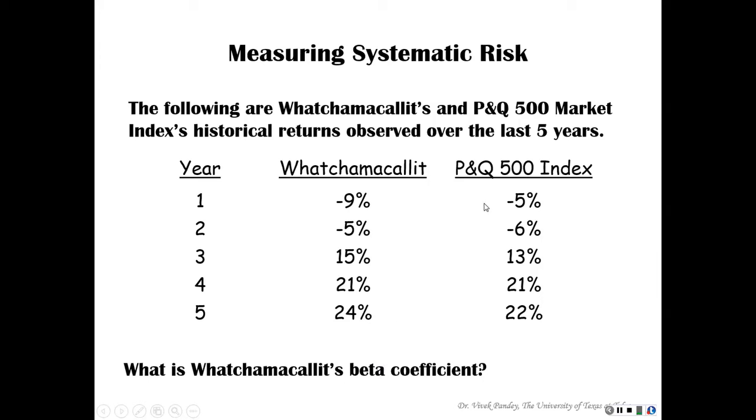So by definition, the market index will have a beta coefficient of 1. And anything greater than that is greater risk. Of course, less than that, it's less risk. But here we have 5 years of whatchamacallit mutual fund returns and the market index returns, and we need to calculate beta, right?